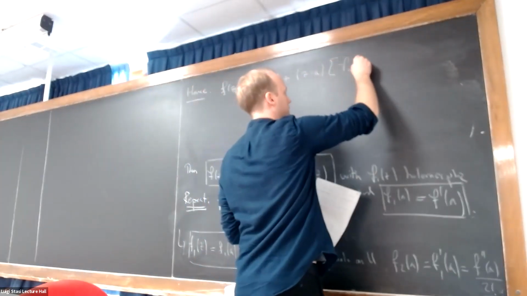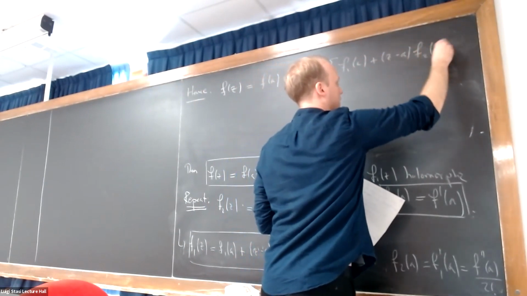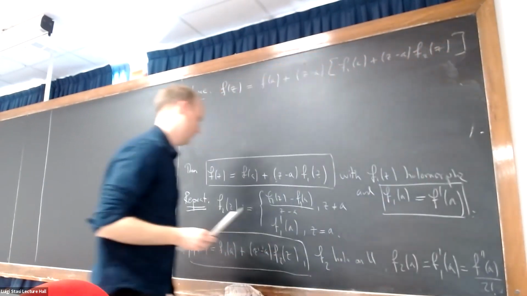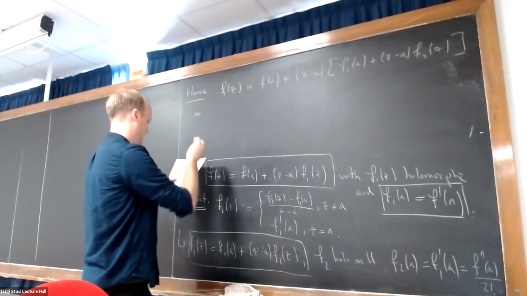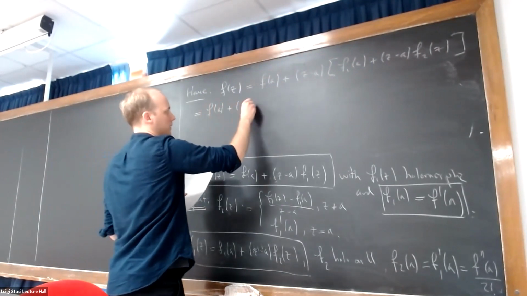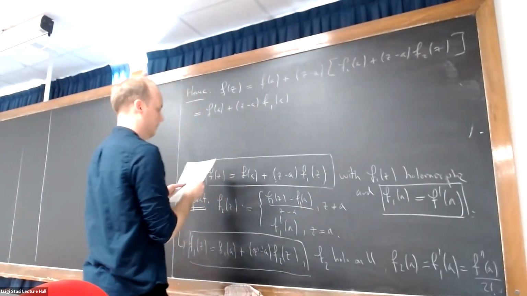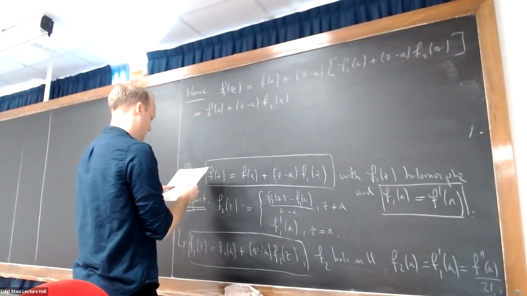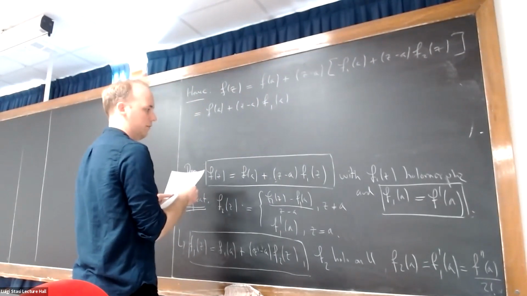That is f of a plus z minus a times f1 of a.